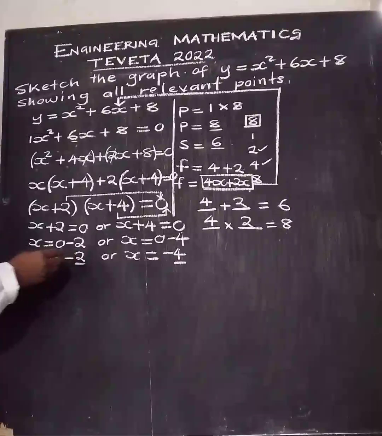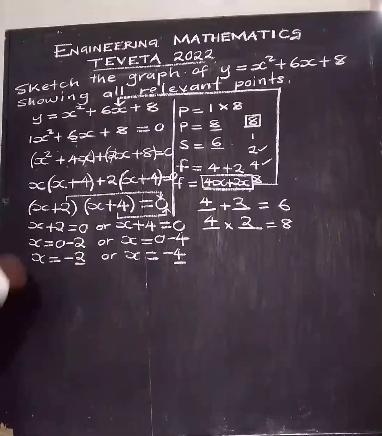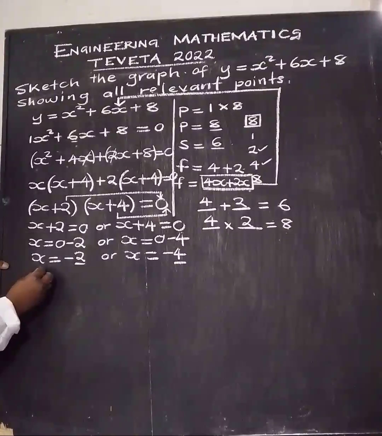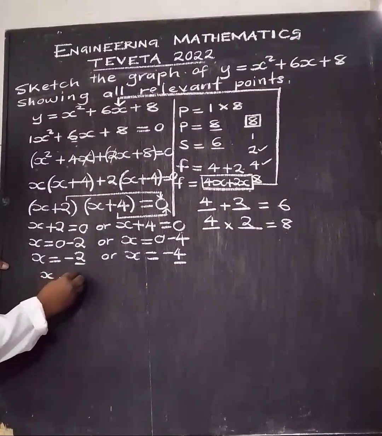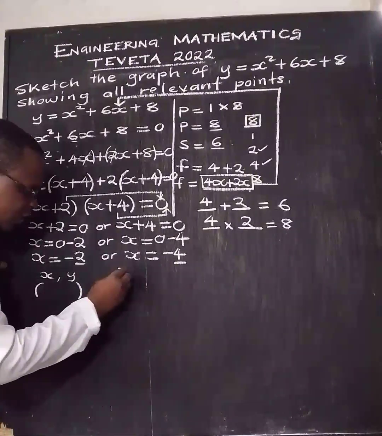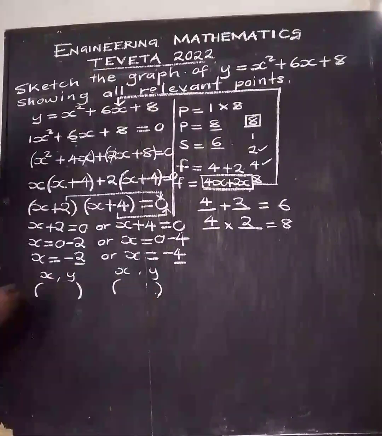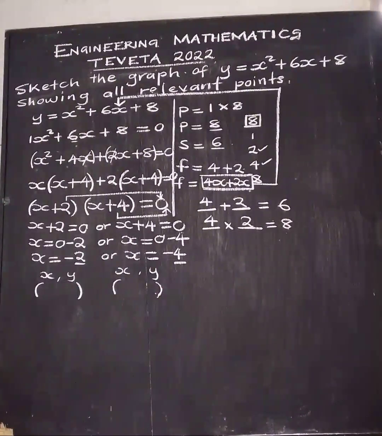So these are the two roots of x. Now remember, these are the roots of x where y is equal to 0. So we have x comma y as coordinates. What is our x?